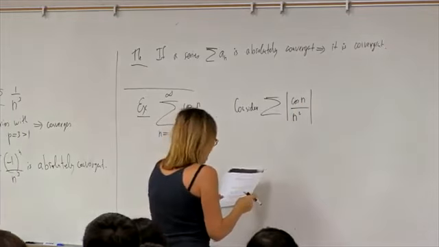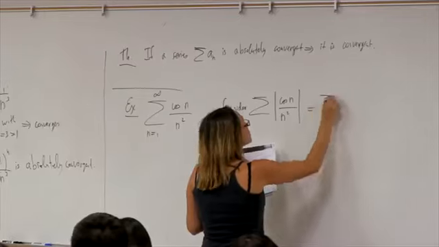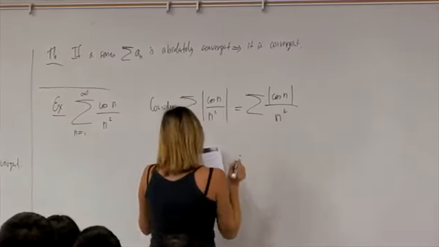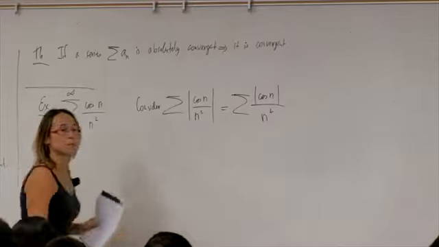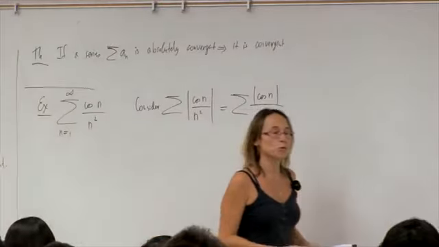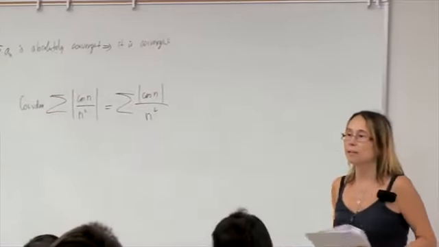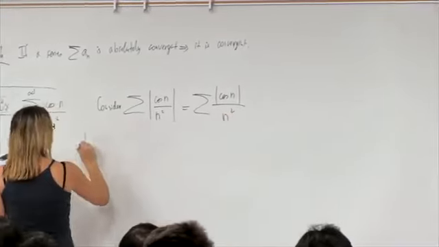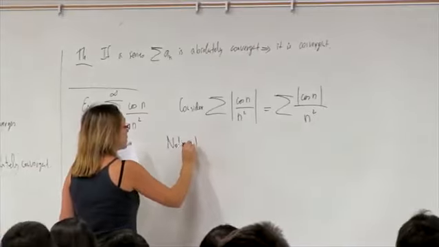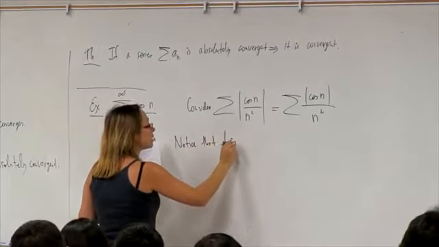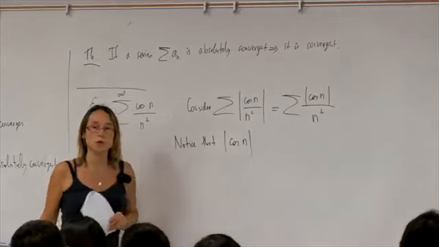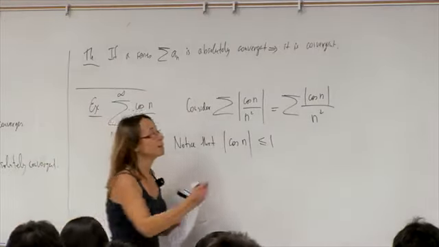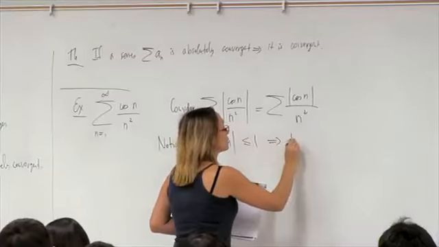Which is the same as |cos n| over n squared. So this is a positive series, and to prove its convergence, we can apply tests that are good for positive series. We notice that the absolute value of a cosine of anything at all is less than or equal to 1. And that gives me a convenient inequality.